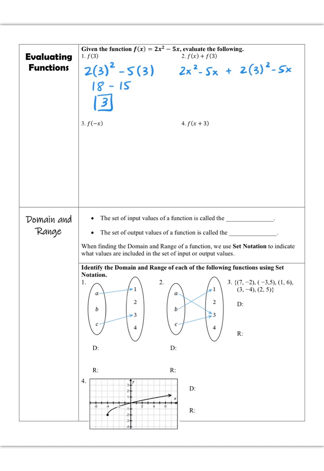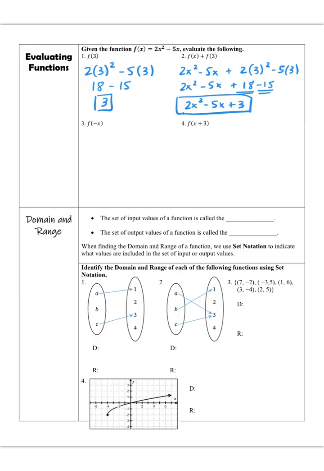We've kind of already done that, so we're going to have 2x squared minus 5x plus, and then we said this was 18 minus 15. And then we would combine like terms, and the only like terms we have are the positive 18 and negative 15. So I would get 2x squared minus 5x plus 3, and that would be my answer.